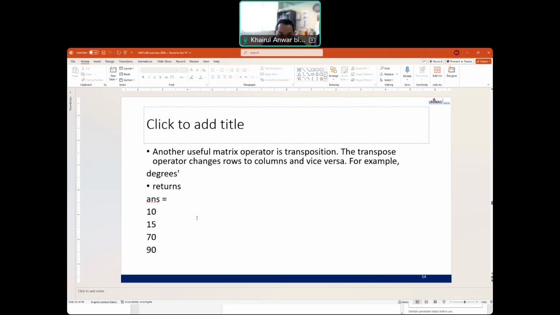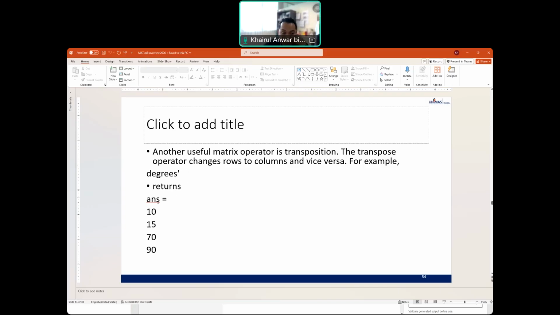So this symbol here is the apostrophe, next to the enter key.